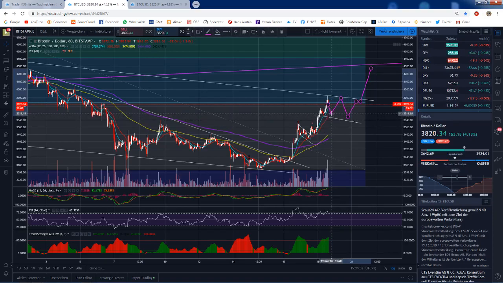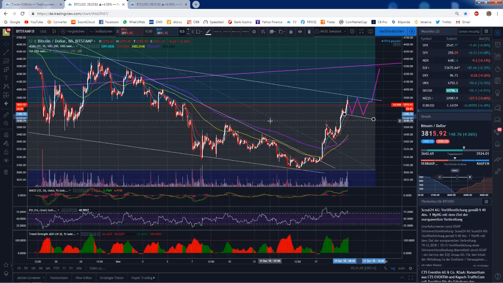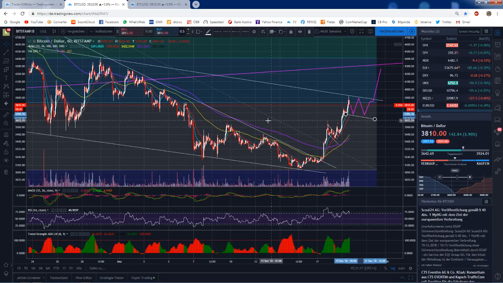I think we have room for a retrace, so this is a little bit too short for me, at least for now. We could also see it like that if we don't come back to this level to do this previous high, which would also line up with this. So I think it's more probable that we go down here.